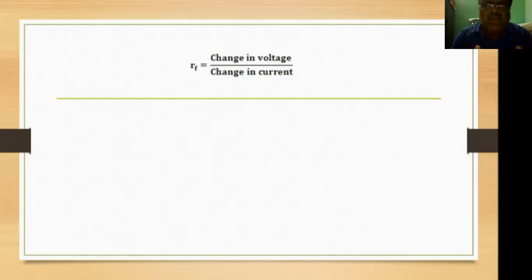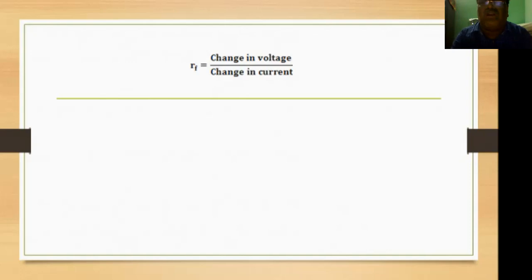After that, diode resistance is classified into two categories: forward resistance and reverse resistance. Under the forward resistance, again two categories: static or DC resistance and dynamic or AC resistance. Static or DC resistance means constant resistance.